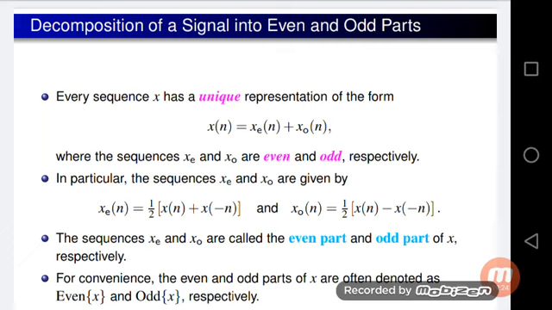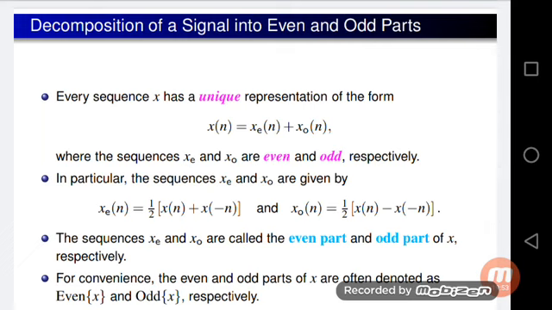In particular, the sequences xe and xo are given by xe of n equal to 1 by 2 times x of n plus x of minus n, and xo of n equal to 1 by 2 times x of n minus x of minus n.